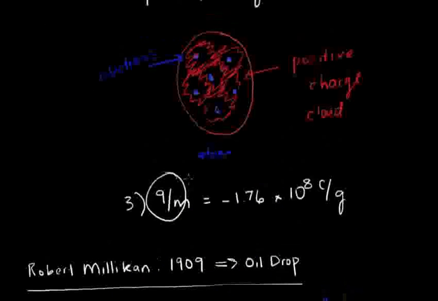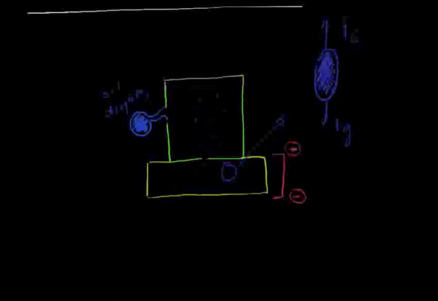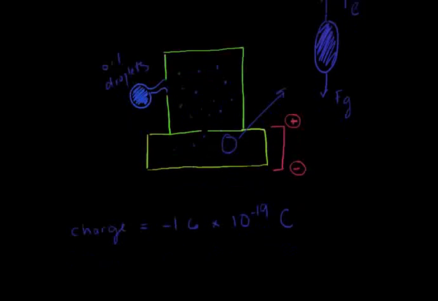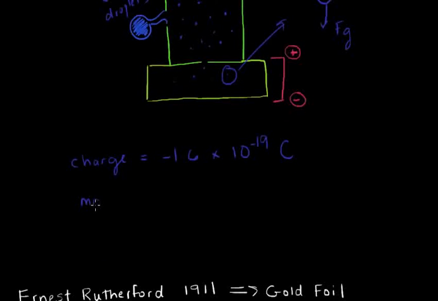Because Thompson had figured out this charge to mass ratio, and because Millikan had figured out the charge, Millikan could then use this number to figure out the actual mass of an electron. So he calculated the charge of an electron as negative 1.6 times 10 to the negative 19, it's a very small number, coulombs, and then the mass of an electron is an even smaller number.